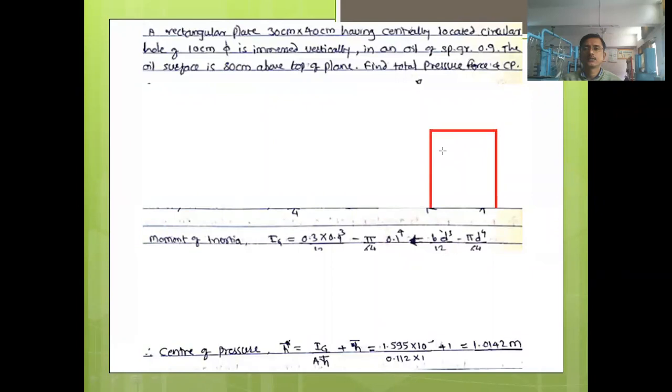See, there is a rectangle. This rectangle contains a hole at the center. You have to draw the diagram like this, and the top surface is below the oil surface.